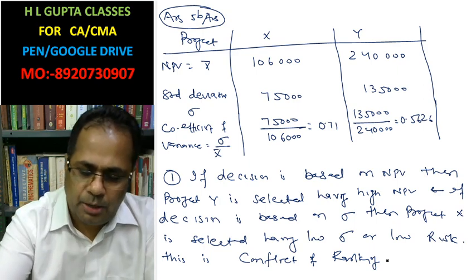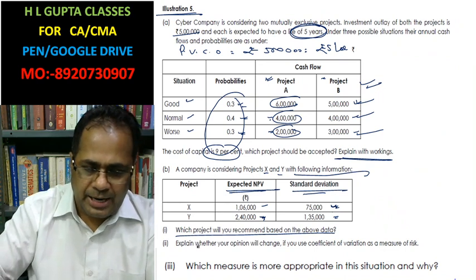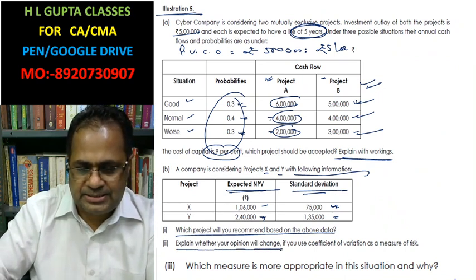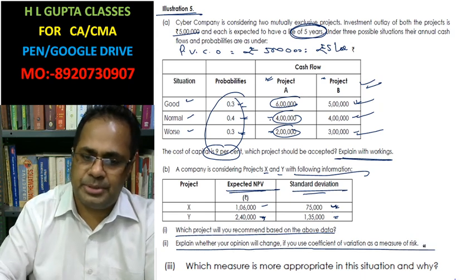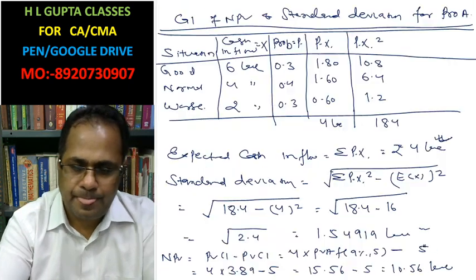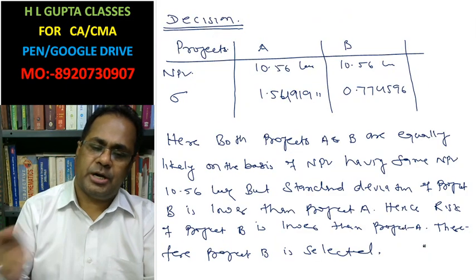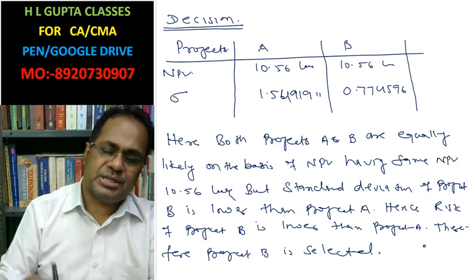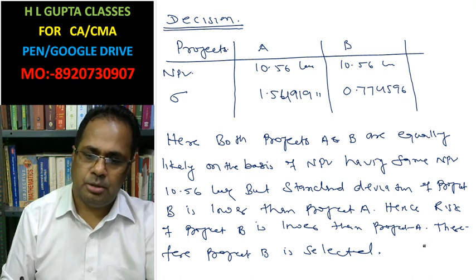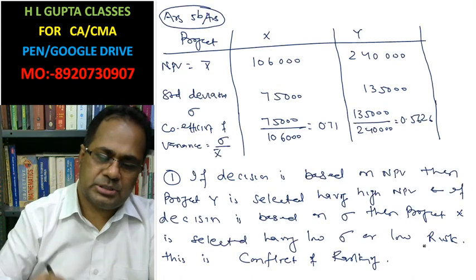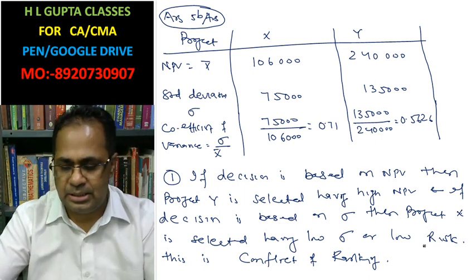Now in the second case, what is it asking? Explain whether your opinion will change if you use the coefficient of variation as a measure of risk. In this case also, if there is a conflict of ranking, then the decision is taken on the basis of net present value.